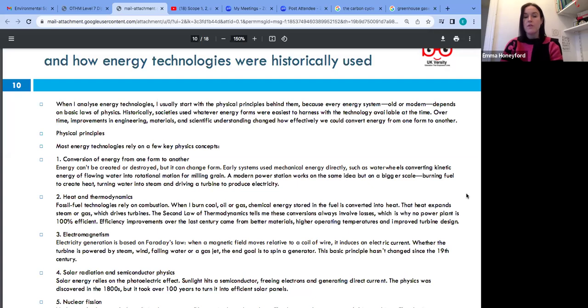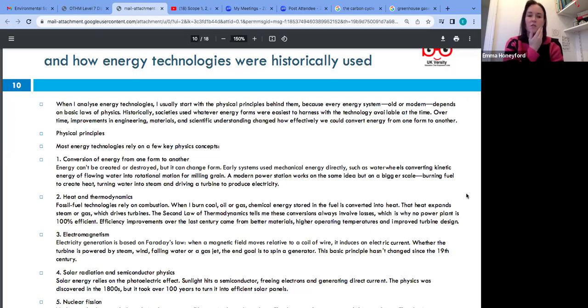Efficiency improvements over the last century come from better materials, higher operating temperatures and improved turbine design. We have got better over time, but we can do better.